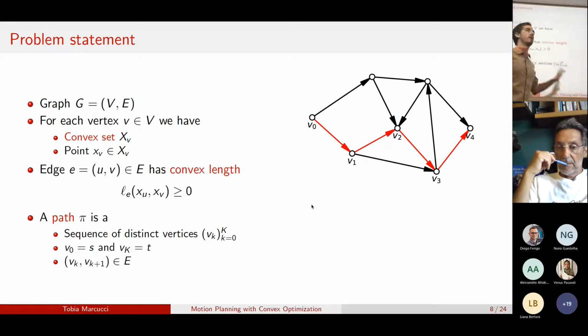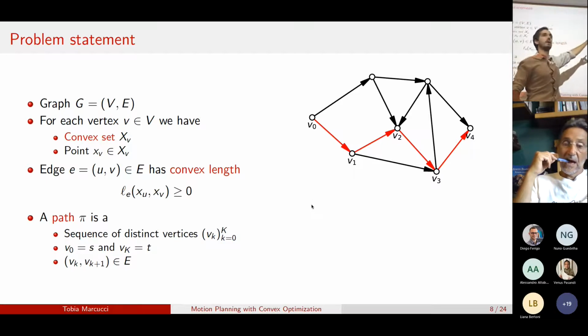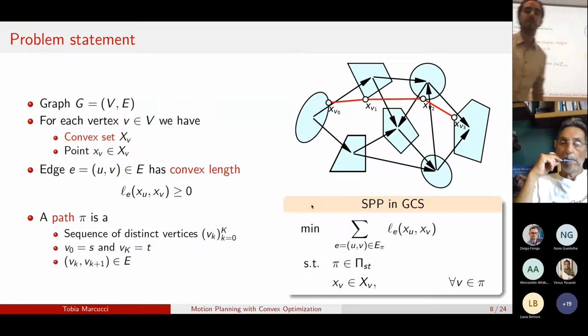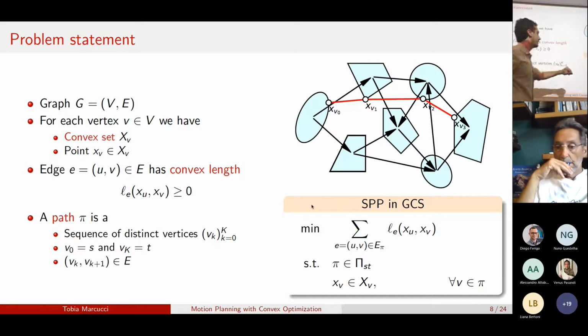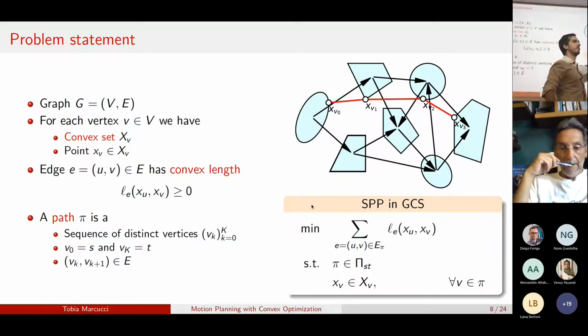A path in a graph is defined as it's normally defined. It's a sequence of vertices in the graph that connects the starting vertex, the source, to the target, and you are allowed only to travel along the edges in the graph. With this notation, the problem we study today, the shortest path problem in graphs of convex sets, can be formulated like this.